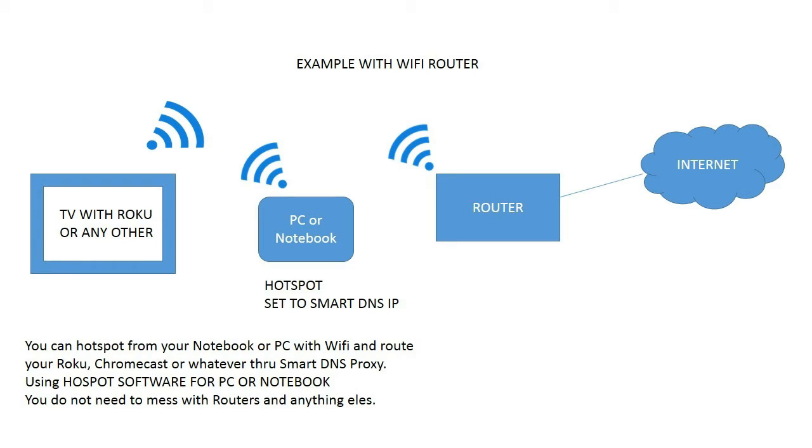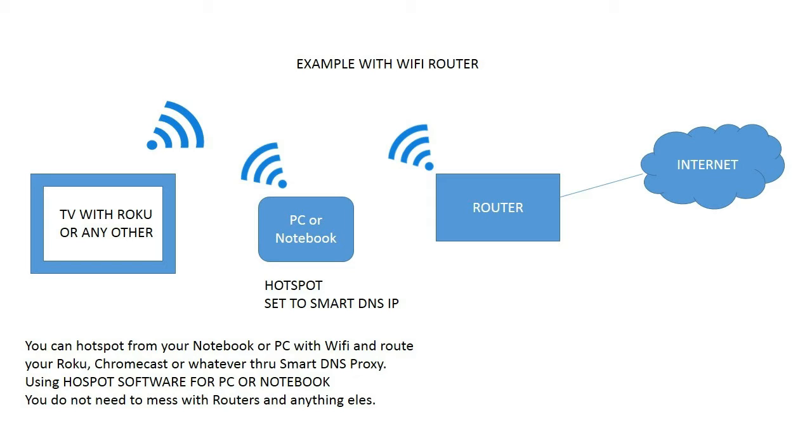Okay, the second configuration is an example of having a Wi-Fi router also connected to do the same function as we talked about in example 1, which is on the wired router. Basically, it's the same thing.